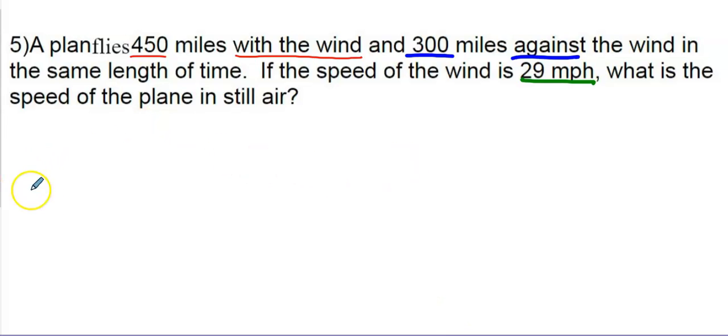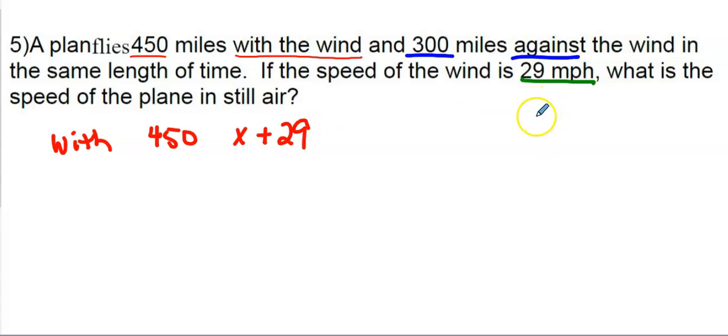So let's look at what we have here. If the plane flies with the wind 450 miles, that would be X plus 29, because it's kind of like traveling with the current, downstream.